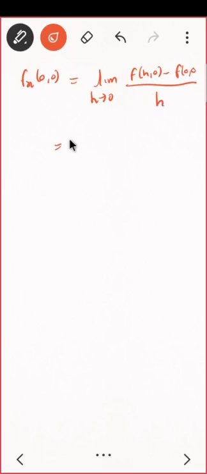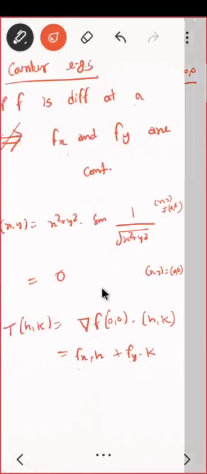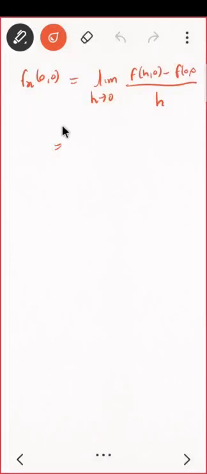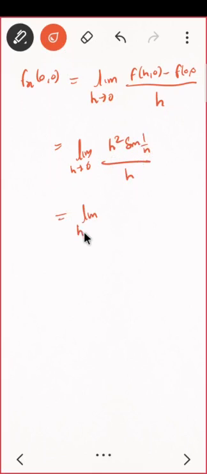Let us put (h, 0) in the function. It will be h square sine 1 upon h. So the limit as h tends to 0 of h square sine 1 upon h over h, h gets cancelled, and you have the limit as h tends to 0 of h into sine 1 upon h.